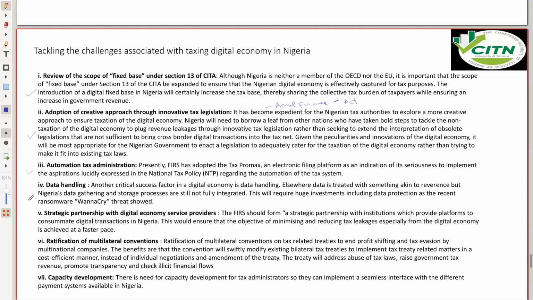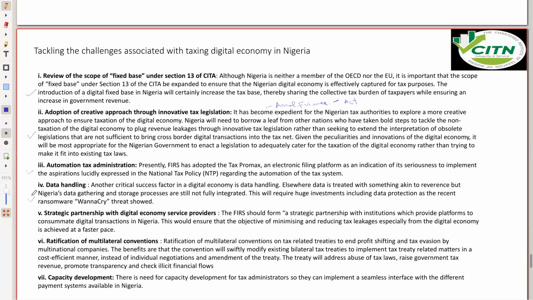Another key success factor when it comes to tackling digital economic taxation is data handling. So there have been a lot of collaborations and tax treaties that look at how we can collaborate with different countries to get data to support taxation. That is a critical success factor in the taxation of a digital economy.